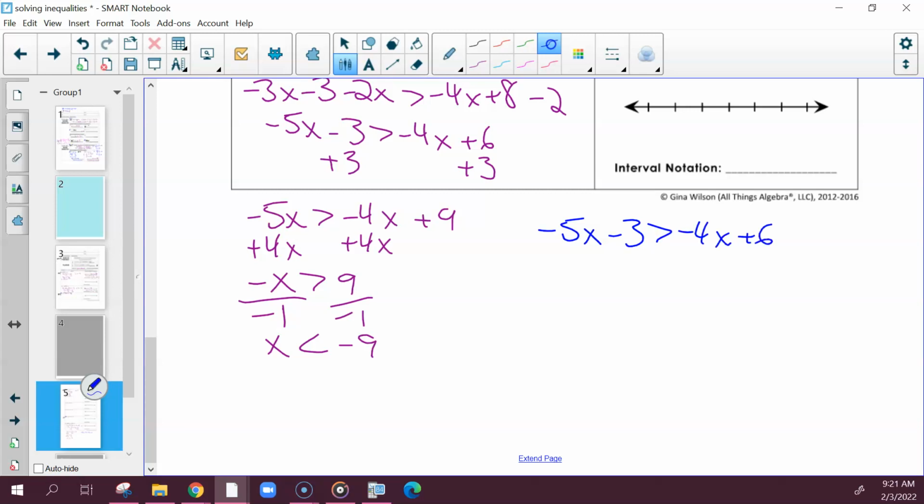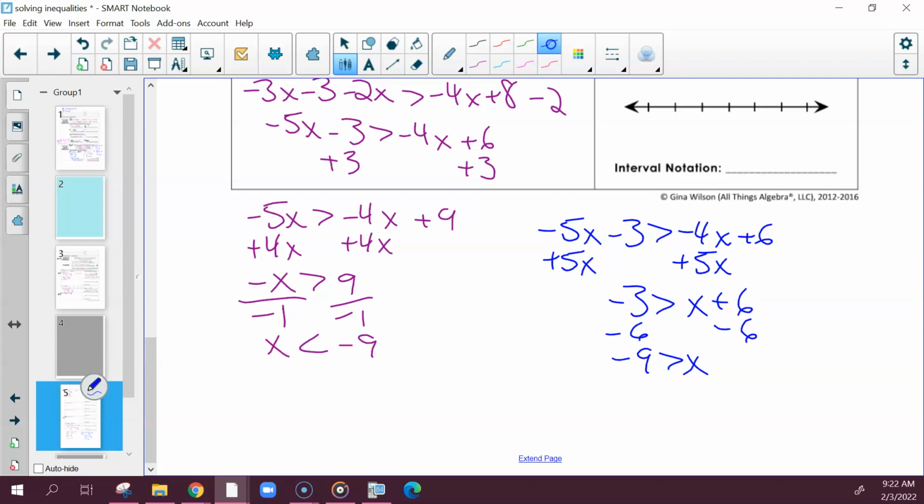You don't have to write this. You can. So let's say instead of moving my variable to the left, I moved it to the right, and then moved my number to the left. These two answers are the same.